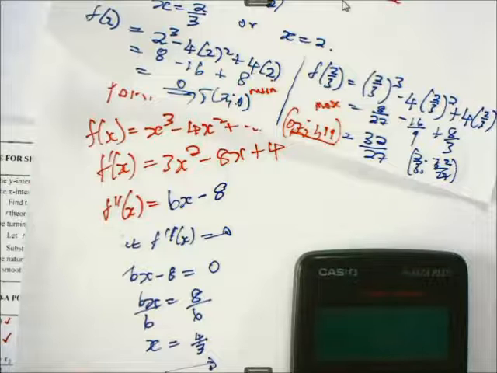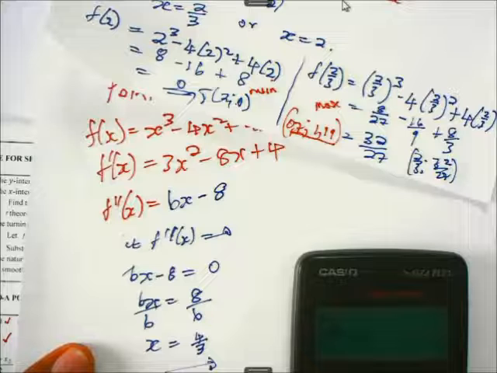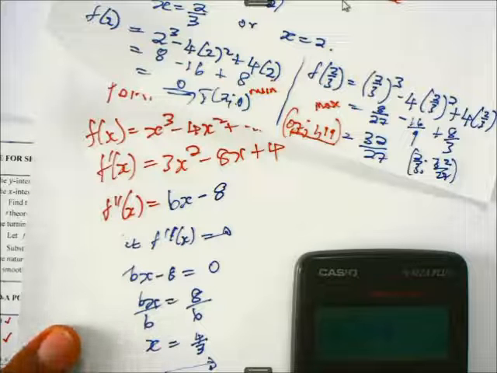Then we are going to have brackets there. That is 4 divided by 3 to the exponent of 3 minus 8 bracket 4 divided by 3 there. This is going to give us what? That is squared, and then plus 4, and then 4 divided by 3.